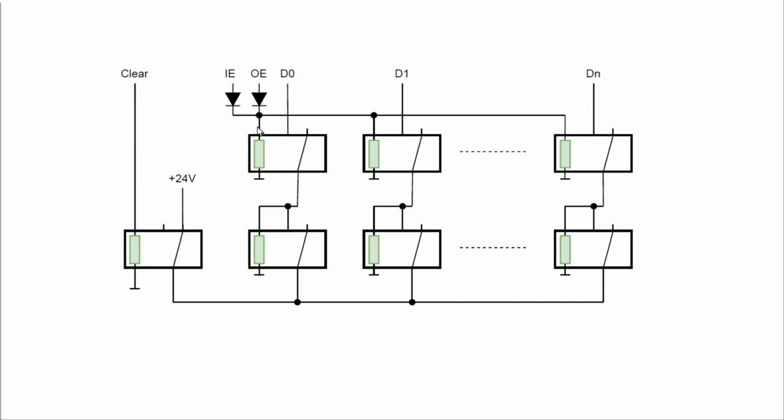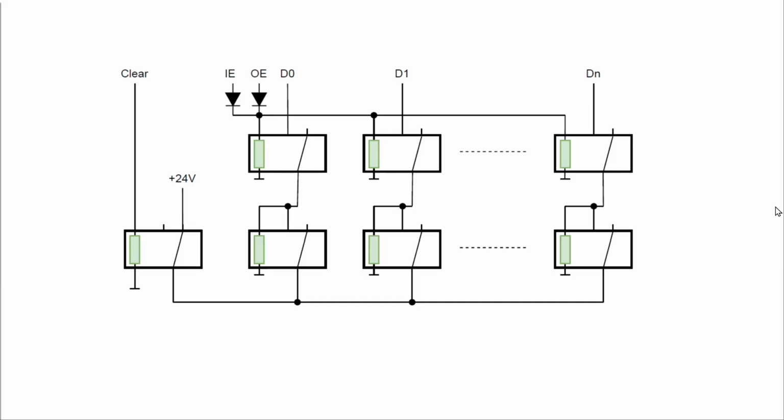Then we set it to 1. This switch is closed. And if this relay here is holding itself, then current is flowing here. If this switch is open, nothing happens here. And so using this, we can store a binary number using relays.